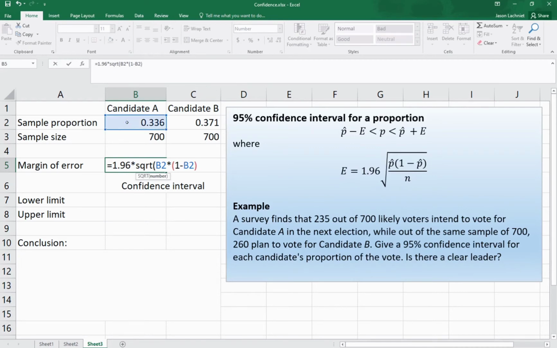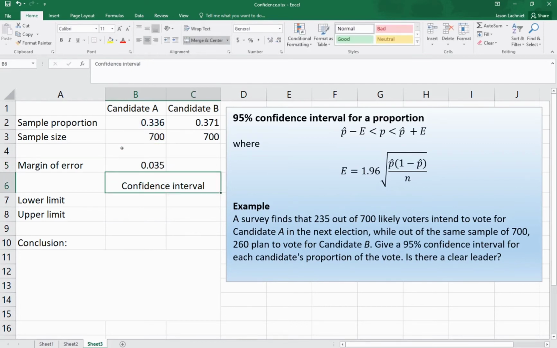Close those parentheses, and now divide by the sample size 700, clicking on it in cell B3. Close those parentheses, and altogether we have the formula: equals 1.96 times the square root of open parenthesis B2 times open parenthesis 1 minus B2 close parenthesis divided by B3 close parenthesis.